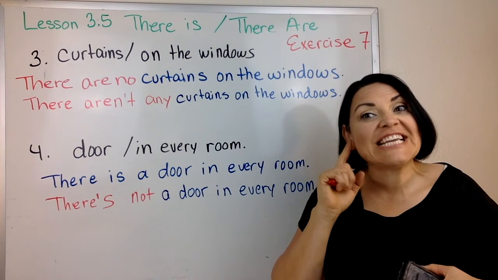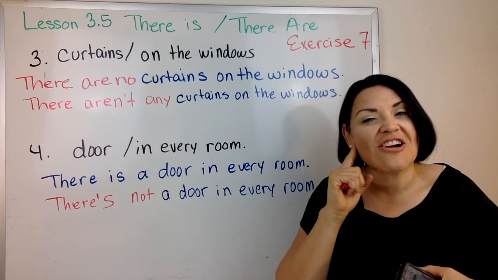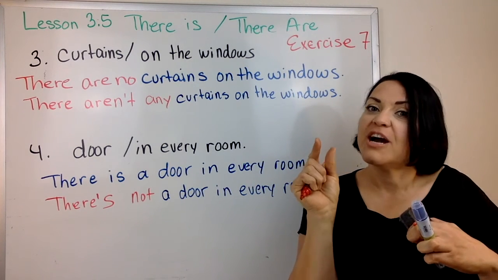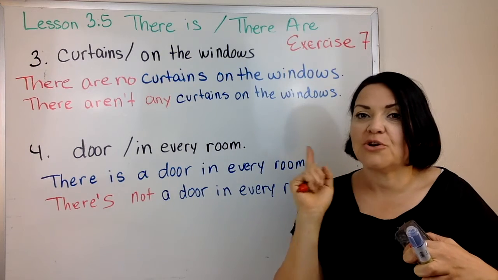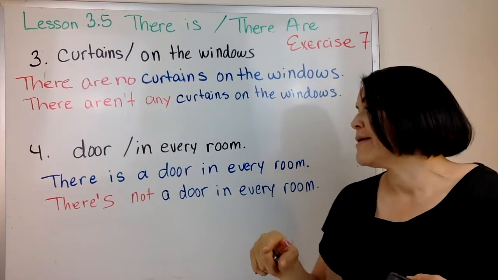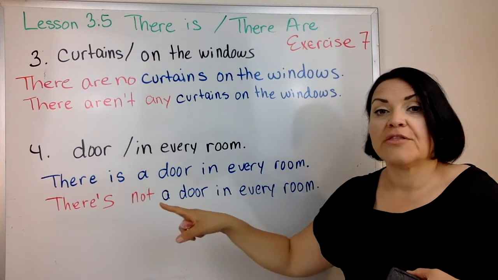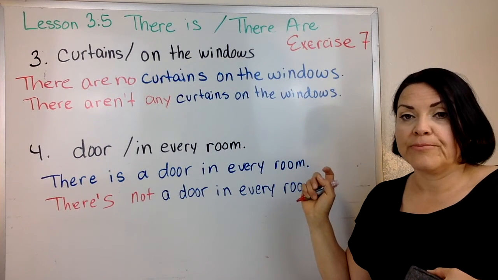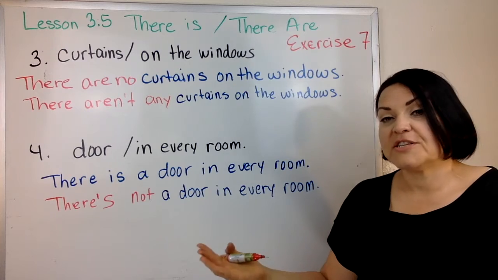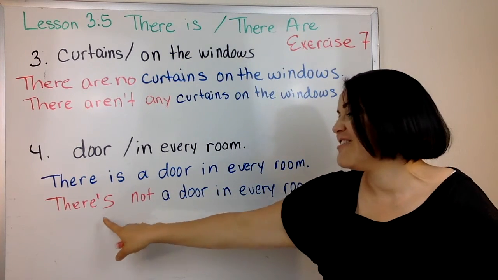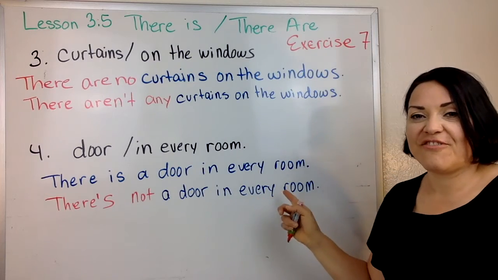But when you're listening, it's very hard because we say things very fast and we cut our words shorter, so it's hard to know what we're saying in English. But you'll hear at normal speaking speed, there's not a door in every room. If I'm going to teach you, I would say I am teaching you, there's not a door in every room.